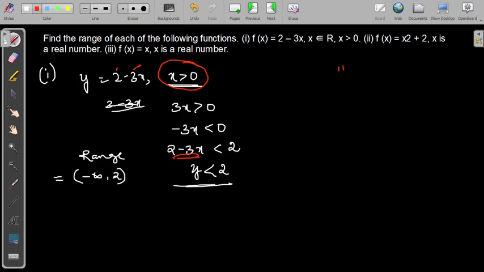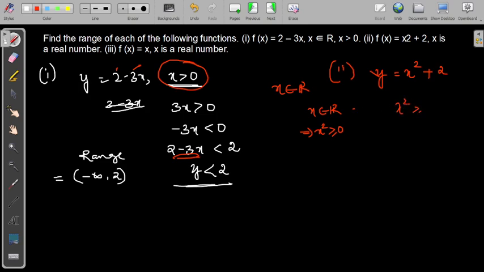Now in the second case, y equal to x square plus 2. x is a real number where x belongs to R. Neither positive nor negative, nothing is specified, just it is a real number. It can be positive, negative or 0. So x belongs to R means x square is always greater than or equal to 0. This we know because square of any real number is always positive, and square of 0 is 0.